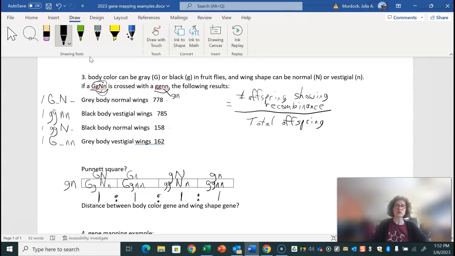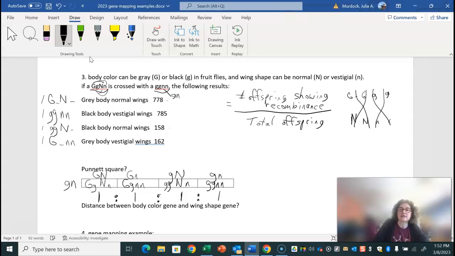So number of offspring showing recombinance, what exactly does that mean? Well, that means they're the number of offspring where, if you had the chromosomes lining up during meiosis, and I've drawn this before, and let's say that your big G's are up here, and your little g's are here, and your big N's and little n's down here.